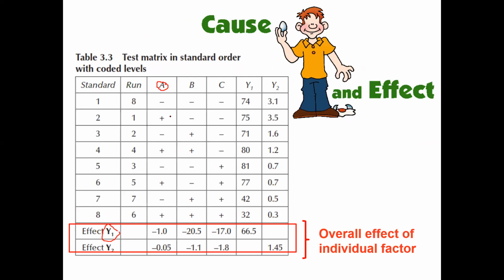So further the formula is, I have to take the sum of the responses of A when A is kept at positive, that is 75, 80, 77 and 32.